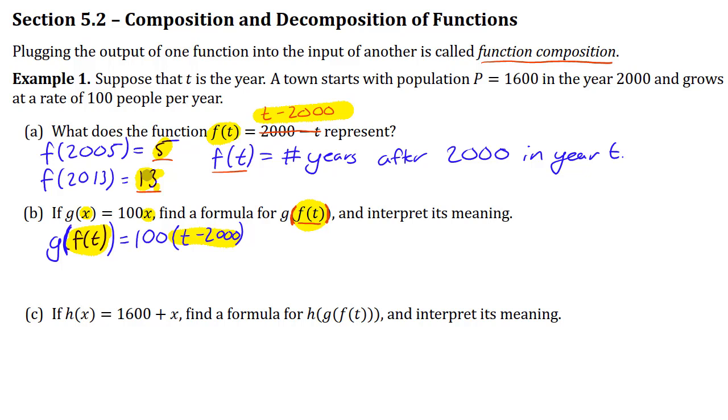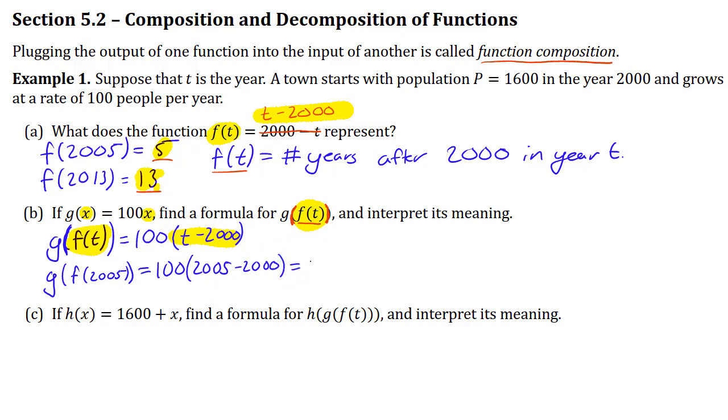If you're going to do g of f of 2005, for example, so remember t is a year, so I'm just replacing t in this expression with a year such as 2005. What this says is going to be 100 times 2005 minus 2000. And 2005 minus 2000 is 5.